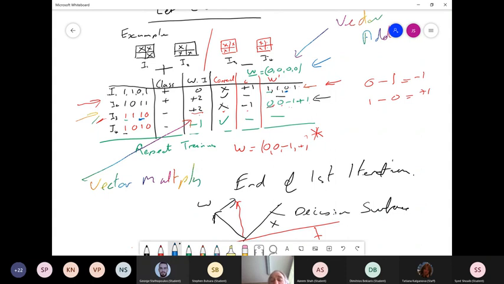For the fourth element, 1 minus 0 is +1. Got it.